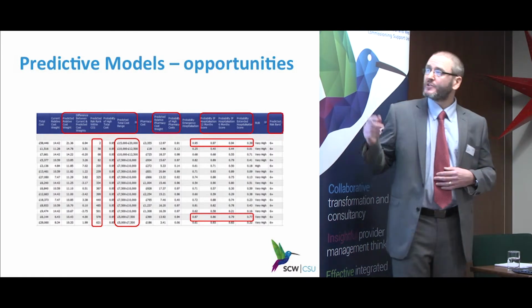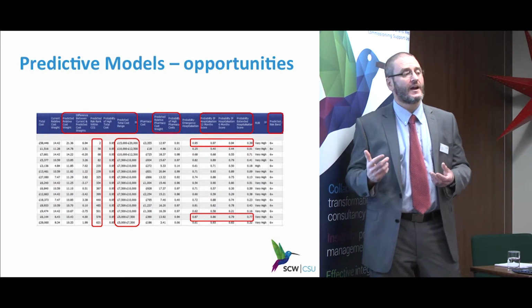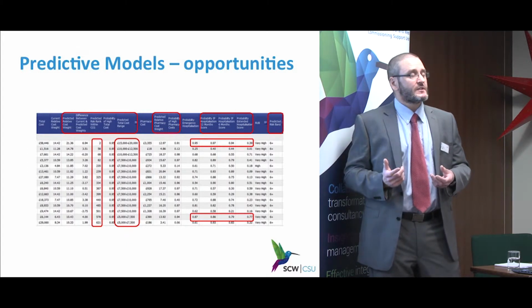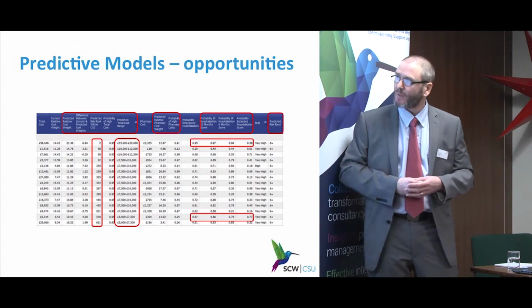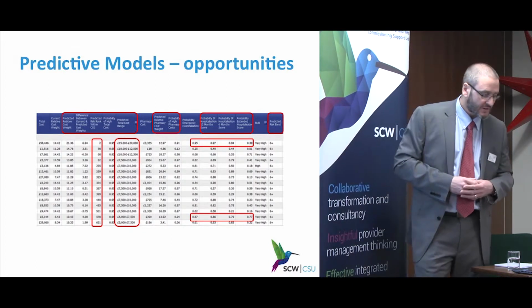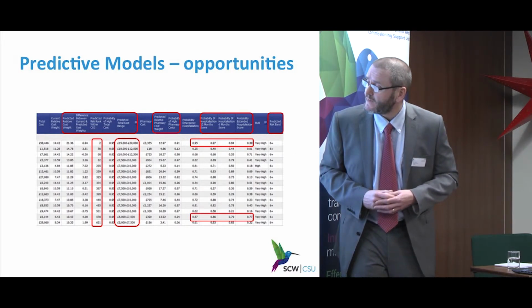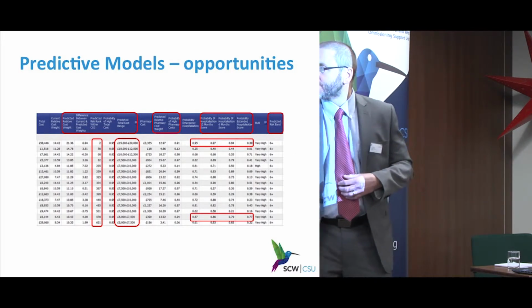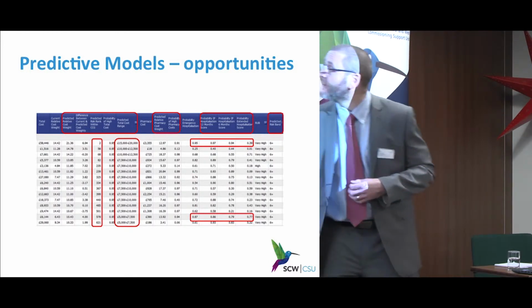But there are also opportunities, even within the tools that we already have, to better use the data that already exists within those. So some of the features, I'm not sure how well you'll be able to see this at the back, on the far left-hand side there include predicted total cost range. So for any particular individual, we get a predicted cost for that person.